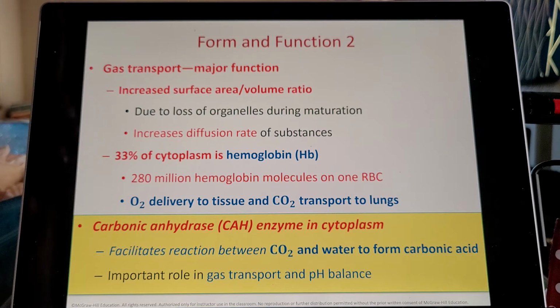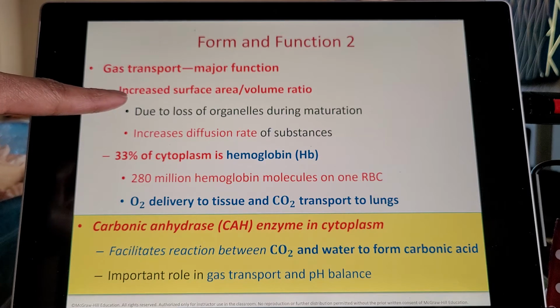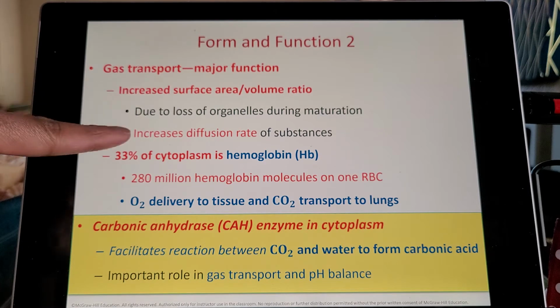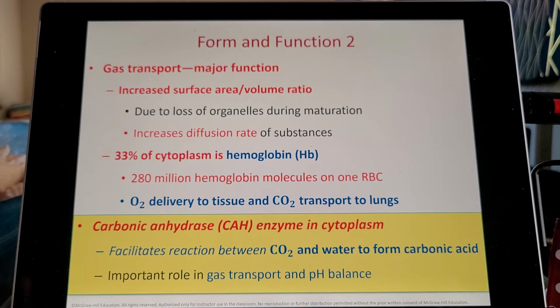Gas transport. Inside of the cell, they have an increased surface area to volume ratio. So again, the flat disc makes it easy to move gas in and out of the cell. Most of the cell is hemoglobin, just binding your oxygen and carbon dioxide. There is a reaction I mentioned earlier in AP1.